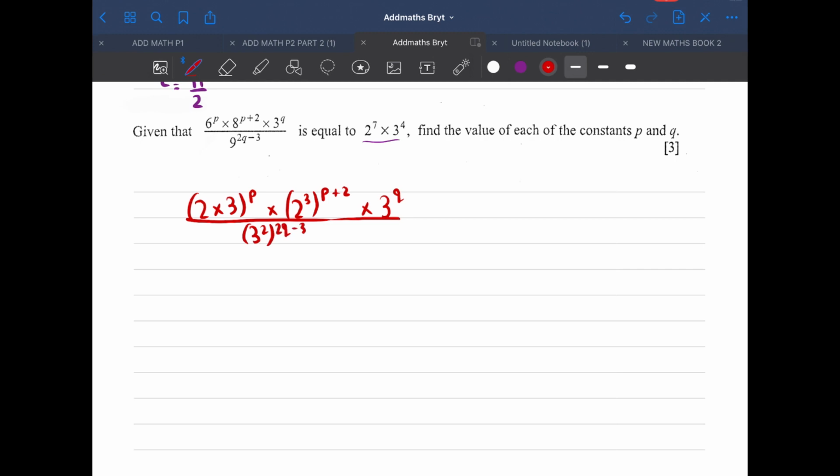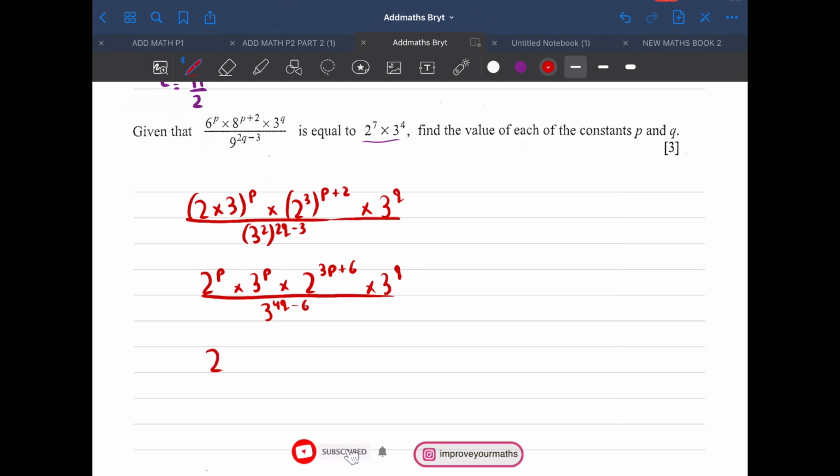2q minus 3. Now it's going to become 2 power p into 3 power p into 2 power 3q plus 6 into 3 power q divided by 3 power 4q minus 6. Yes or no? When the bases are same, powers are added.